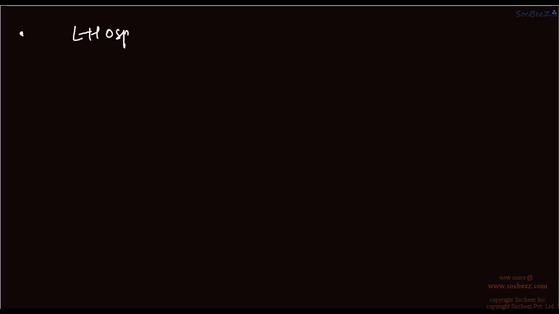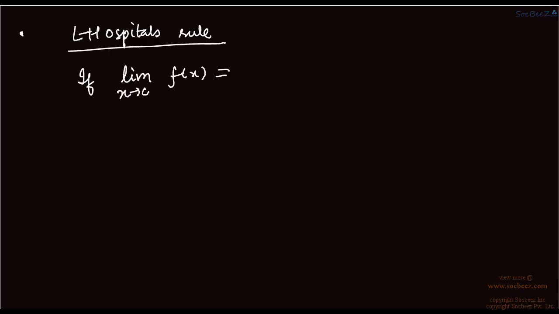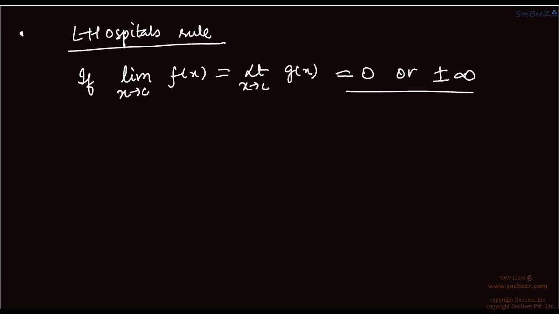Now, L'Hospital's rule, which is the most important rule, can be applied to many limits. This rule states that if limit x tends to c, f(x) equals limit x tends to c, g(x) equals 0 or plus minus infinity, in cases like 0 by 0 or infinity by infinity, how do we solve them?